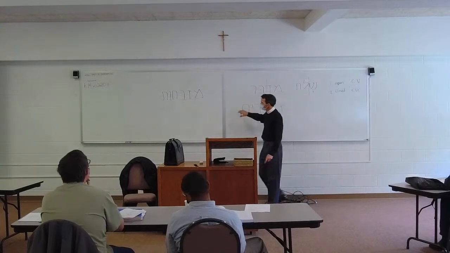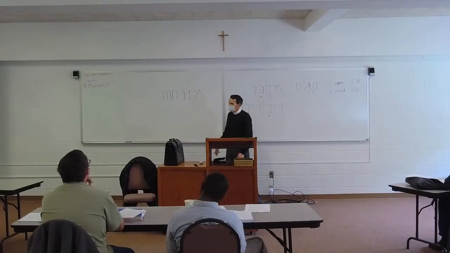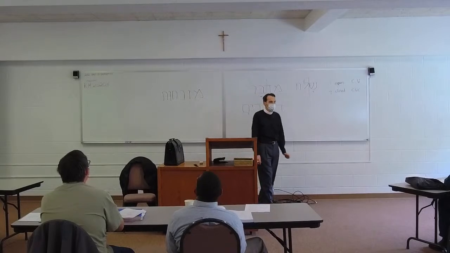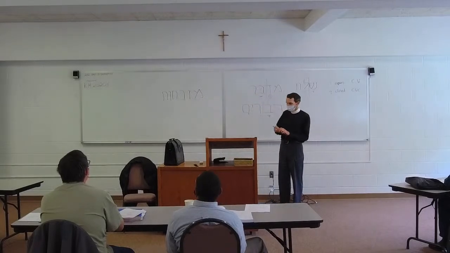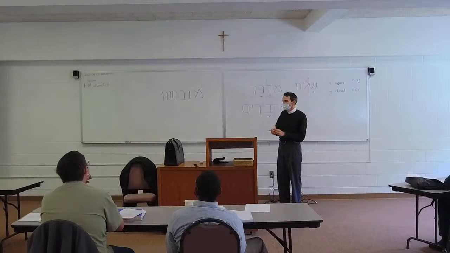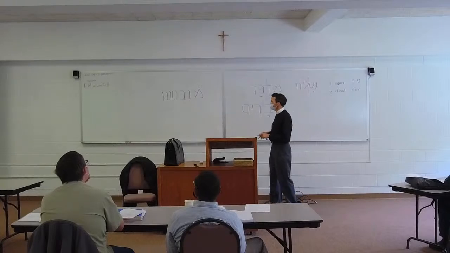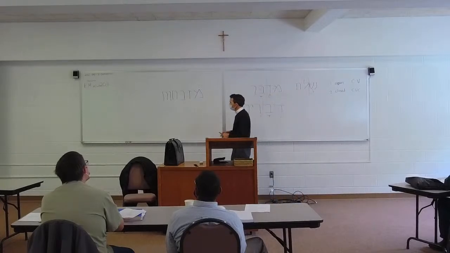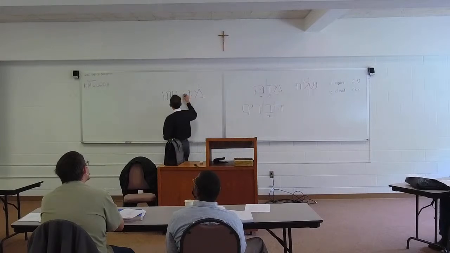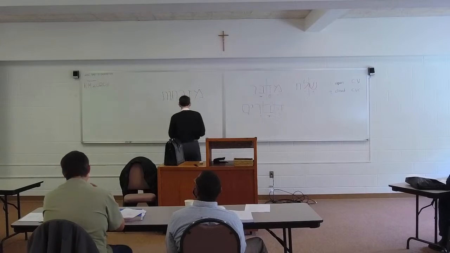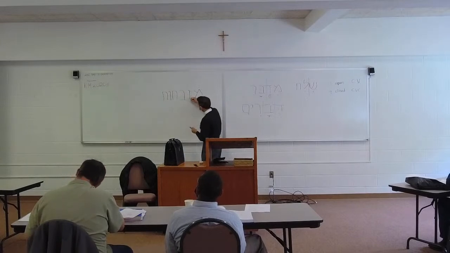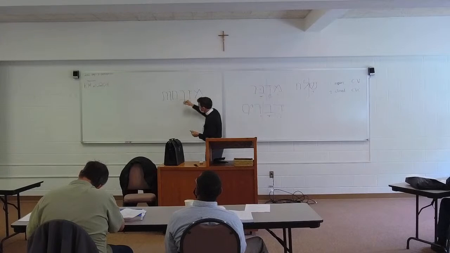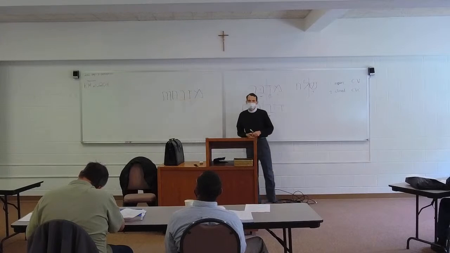All right. So mizbeach means altar. Favorite Hebrew word around here, or it should be. But this is the plural of mizbeach. But look at what we have here in this word. There's a schwa and there's a schwa. Look at that. Two schwas together.